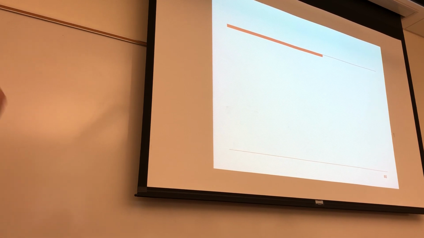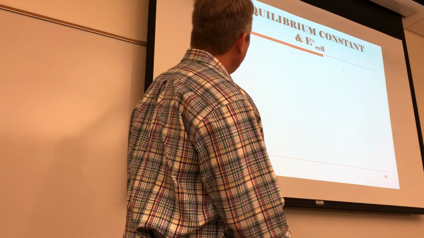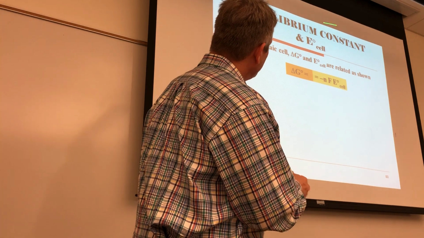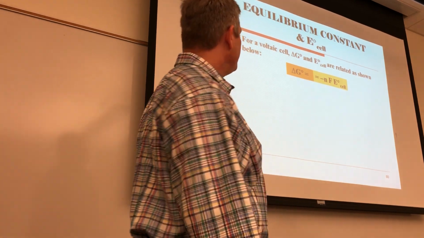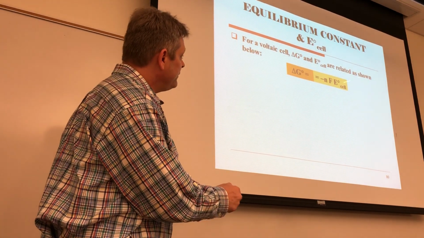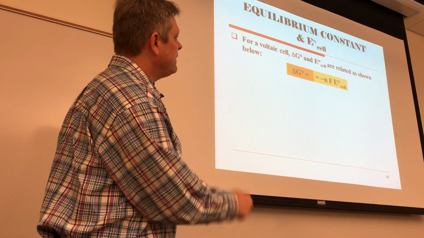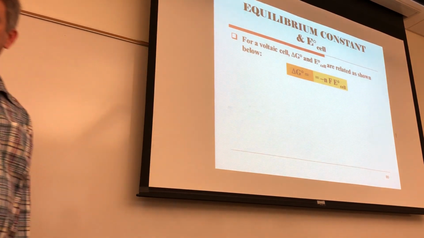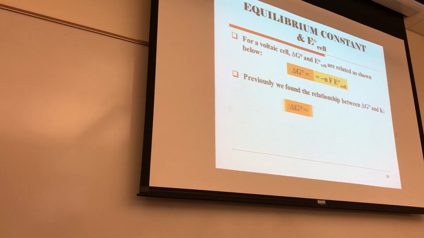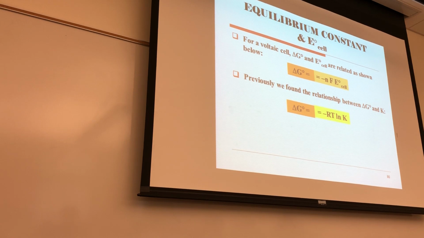But, okay, so now let's take a look at the equilibrium constant with E cell potential. So I have this equation here, the correlation between delta G under standard state conditions and E of the cell under standard state conditions. And remember, I just walked you through this a minute ago, right before we started.